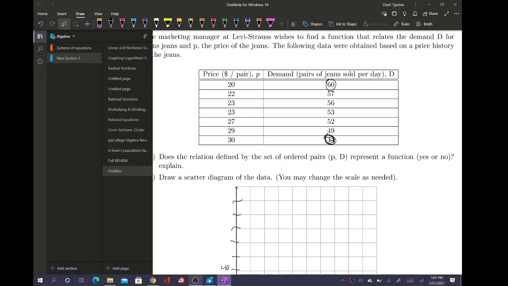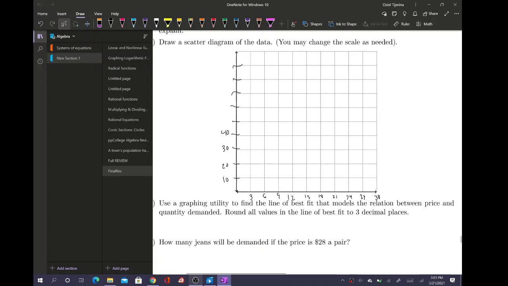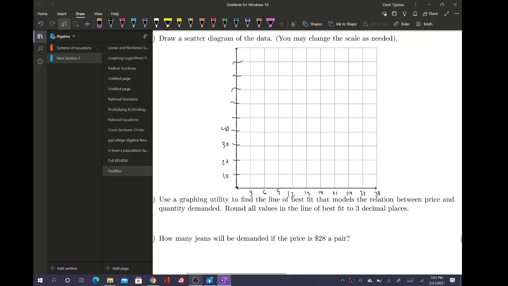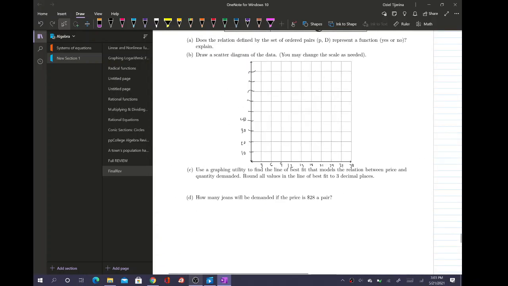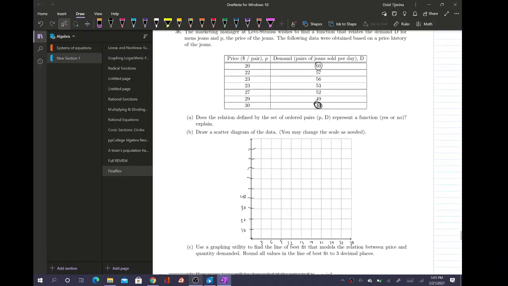So yes, I would recommend using the line of best fit or your graphing calculator for this one, because it's a little bit tricky. Give me 1 second, guys, I'm gonna do all of this in the graphing calculator.